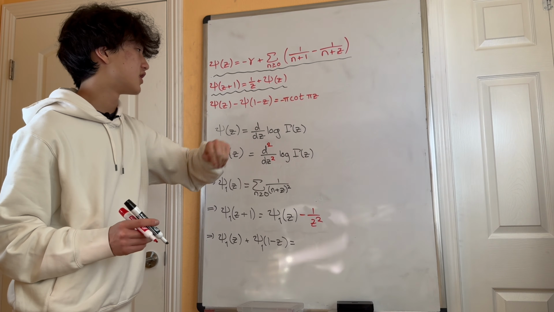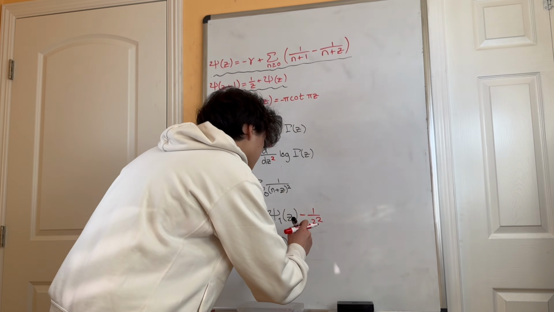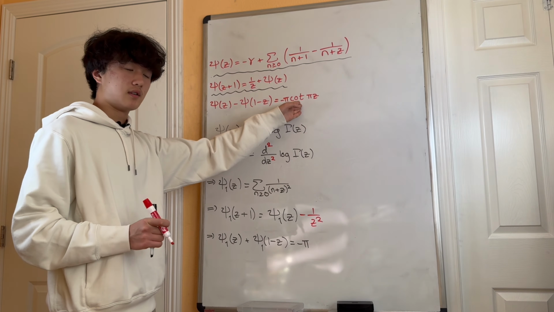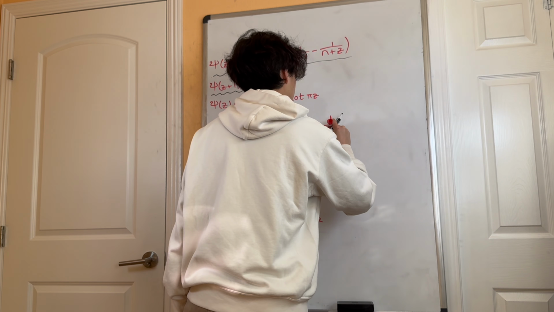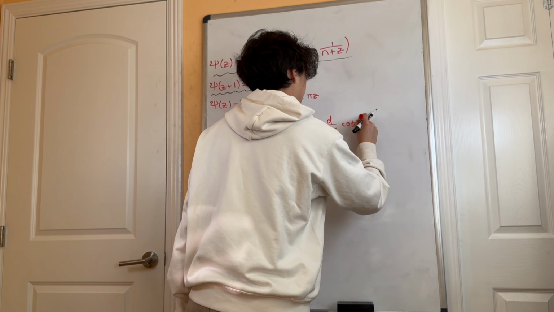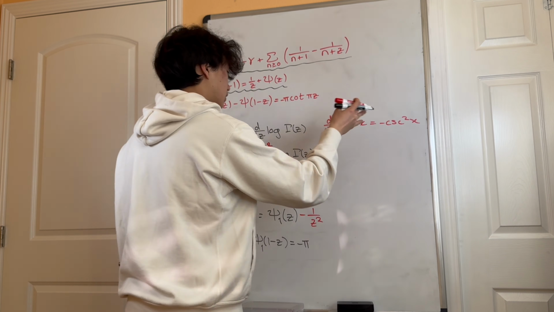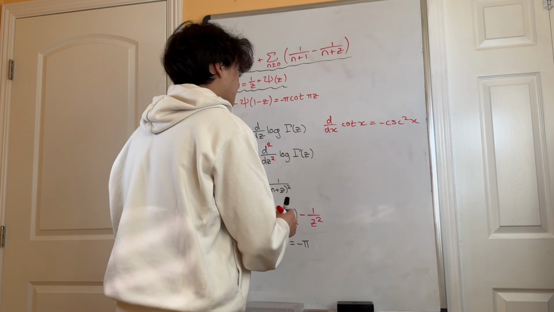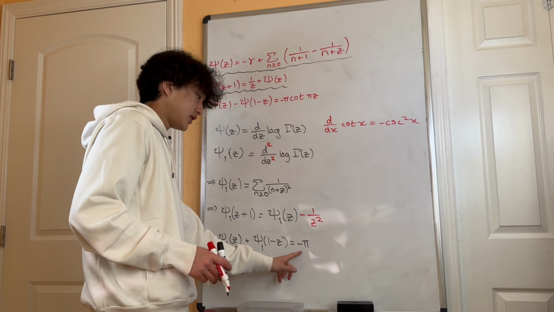negative pi cotangent of pi z. Well, negative pi is just a constant. Let's just keep that for now. When you take the derivative of cotangent, derivative of cotangent x is just negative cosecant squared of x. So remember that. So yeah, we're going to take the derivative of that. Now, the negative from the derivative and the negative out here are going to cancel.